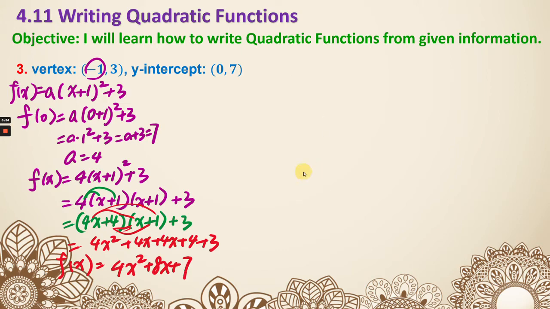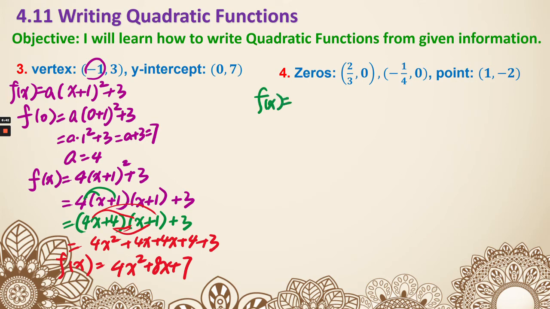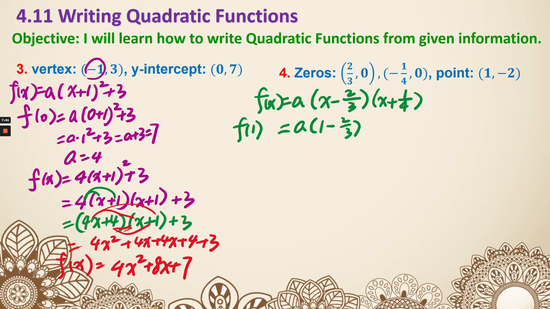Now example 4. This time, again, we're given zeros, so I'm going to use the zeros. f of x equals a times, that's the opposite, so x minus 2/3. That's the opposite, so x plus 1/4. I'm going to plug in the point, which is 1. So f of 1 equals a times 1 minus 2/3, and then 1 plus 1/4.